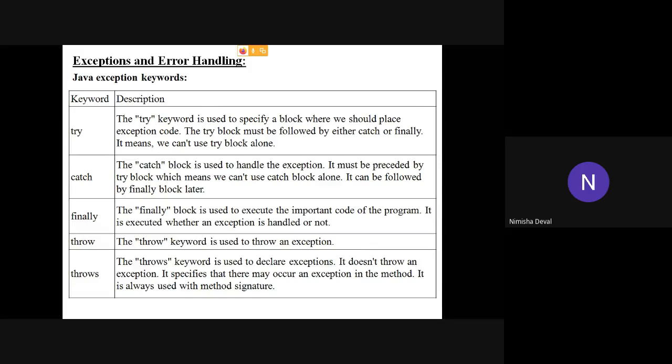If you have written both, then no issues. It means we can't use a try block alone. This is one type of MCQ question at the time of an aptitude test. Whenever a Java aptitude test is there, this is one type of MCQ question. So this is a very important chapter for your career.